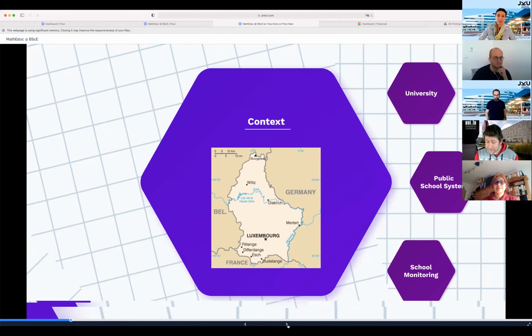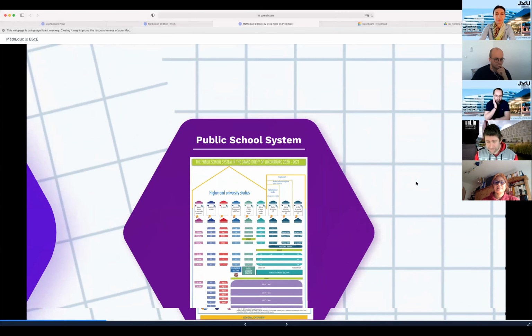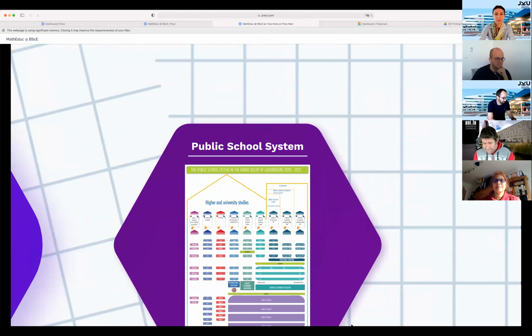And we have a very, very complex school system. If you look at this, I know it's quite small, but that's because there's so much information on it. Our school system has on one hand our general primary education, and on the other hand offers also a German Luxembourgish version.